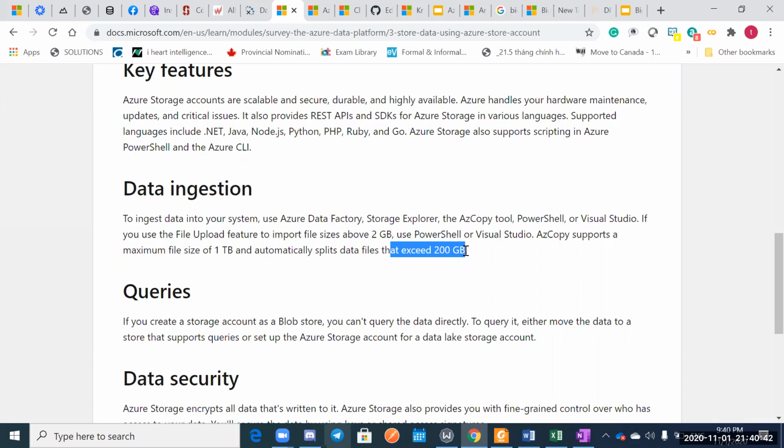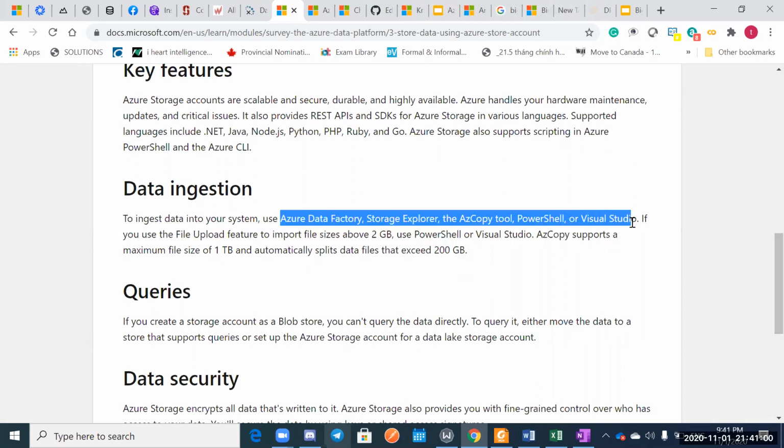If you don't want open source and want to purchase an enterprise tool, there's another tool set for that. For example, Commerce is a tool for data ingestion that you have to pay for. So remember, these are Microsoft services, but it's not limited to only these tools for data ingestion.